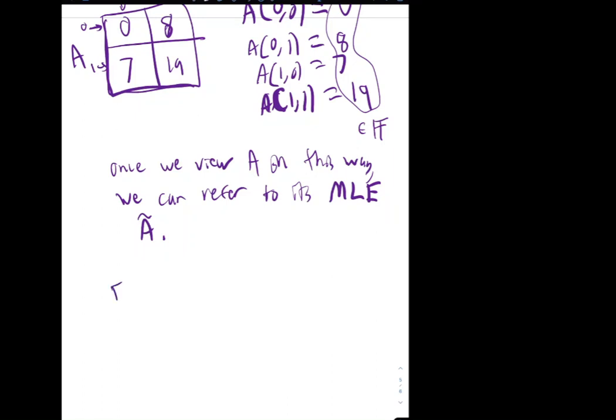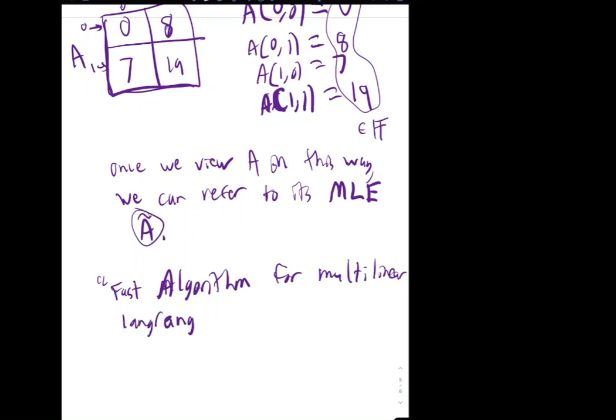We saw during our Lagrange interpolation session that I gave a statement about a fast algorithm for multilinear Lagrange interpolation, and I'll remind you what that algorithm achieves in the context of this multilinear extension A twiddle.